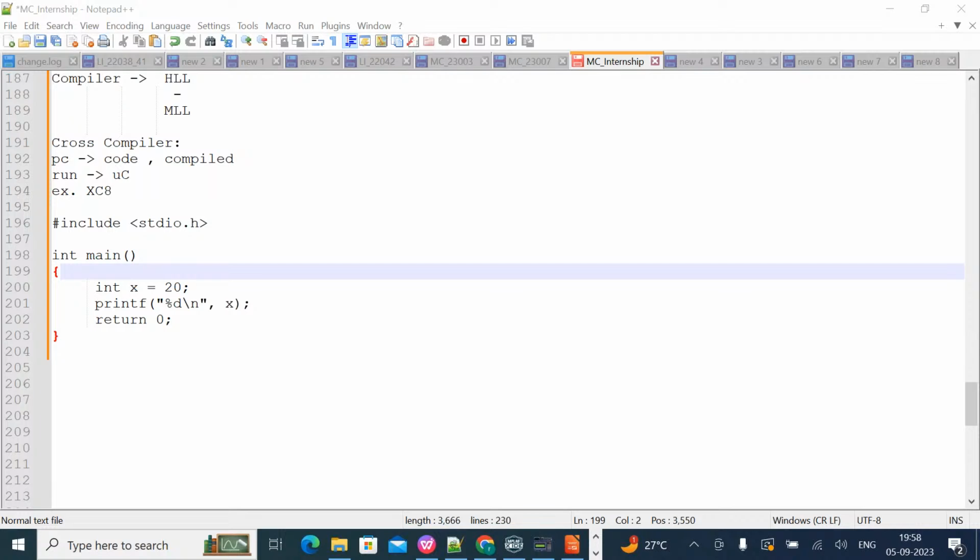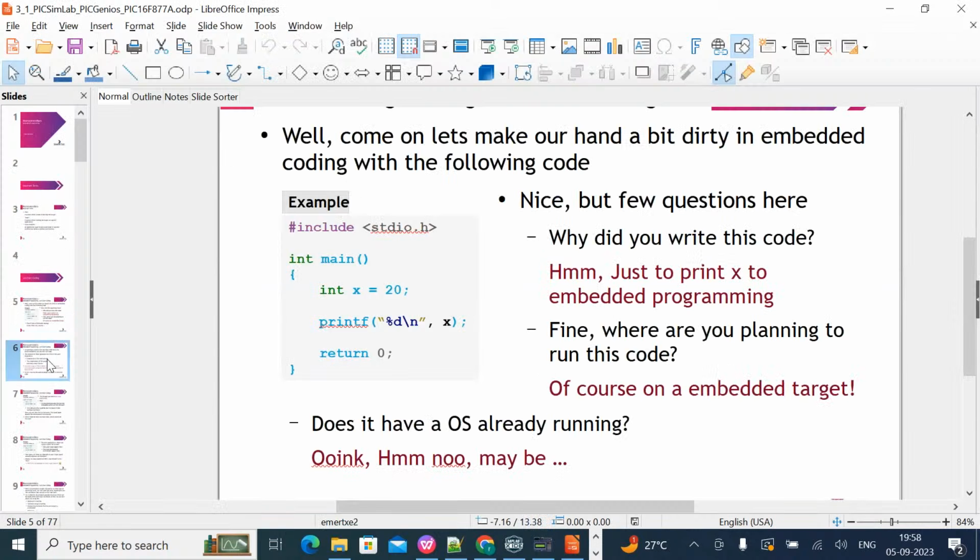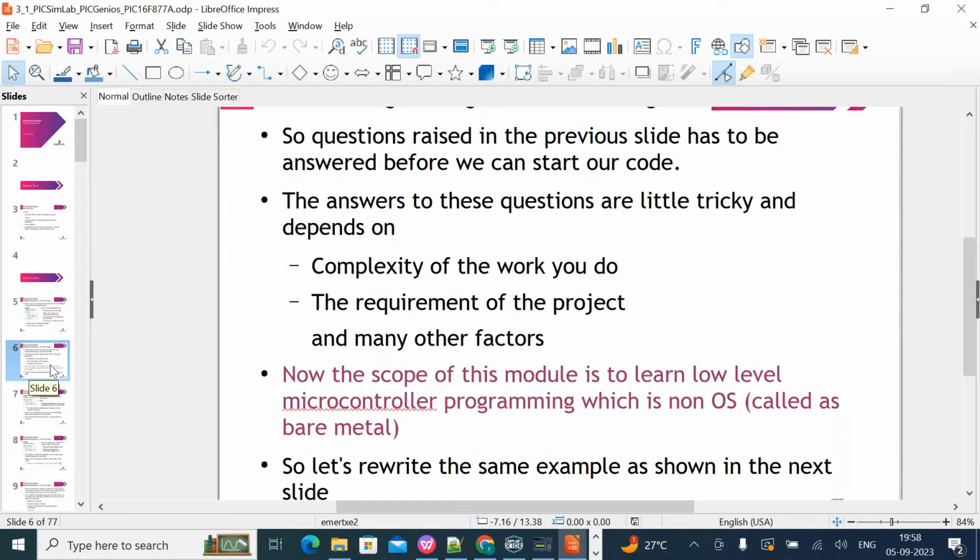So people, you should know a few things. Since you are going to run this program in your target board, the question is, does it have an OS in it? The answer depends on this slide. Yes, you are running on your embedded system, but does that embedded system support an OS?